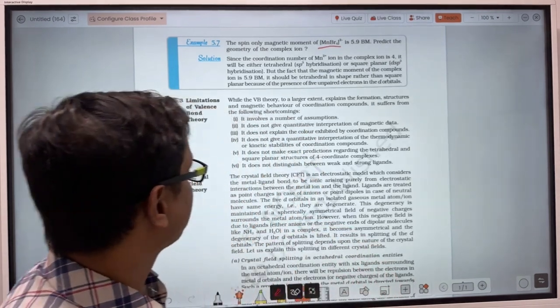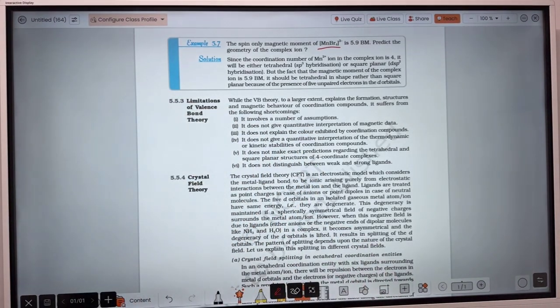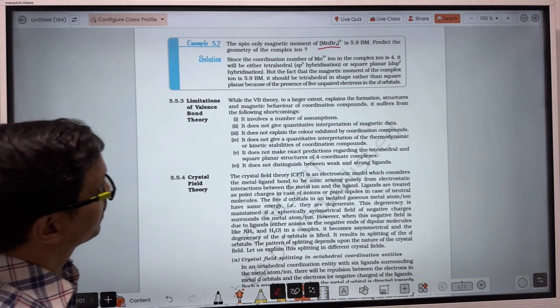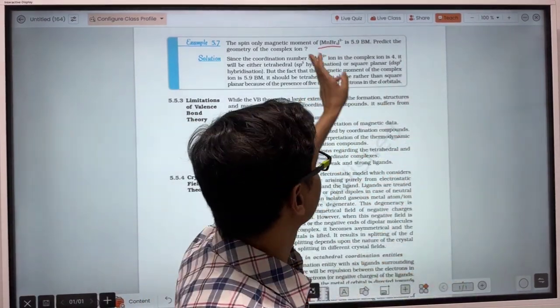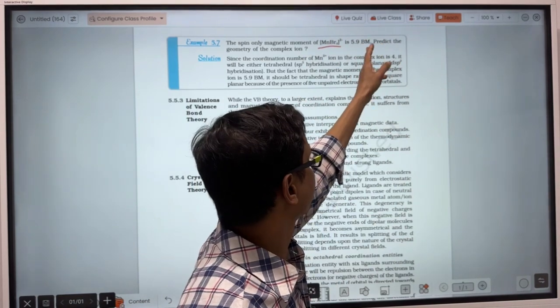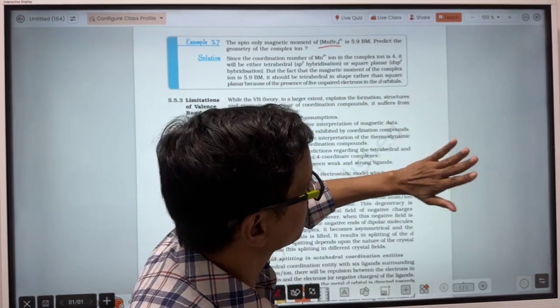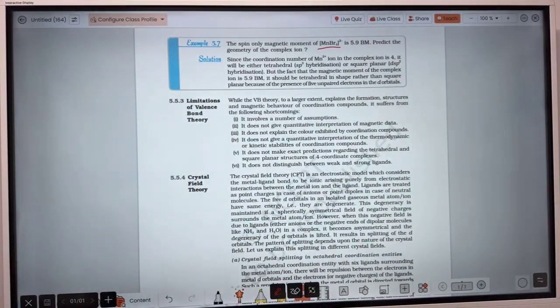Since the dipole moment is given, we can find out the number of unpaired electrons in manganese. We will calculate that also.